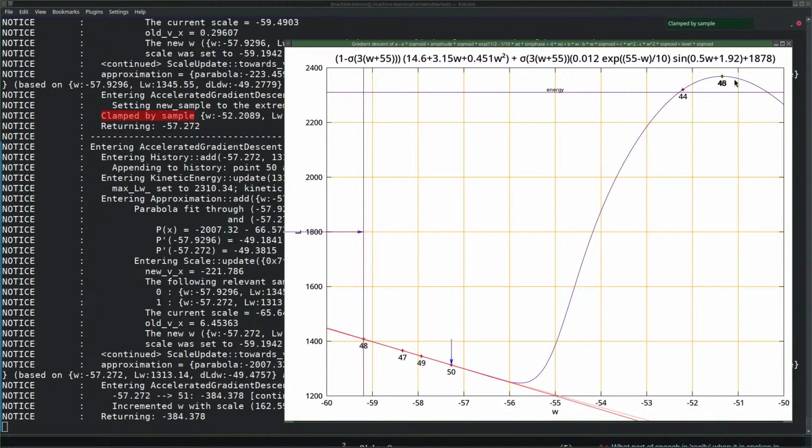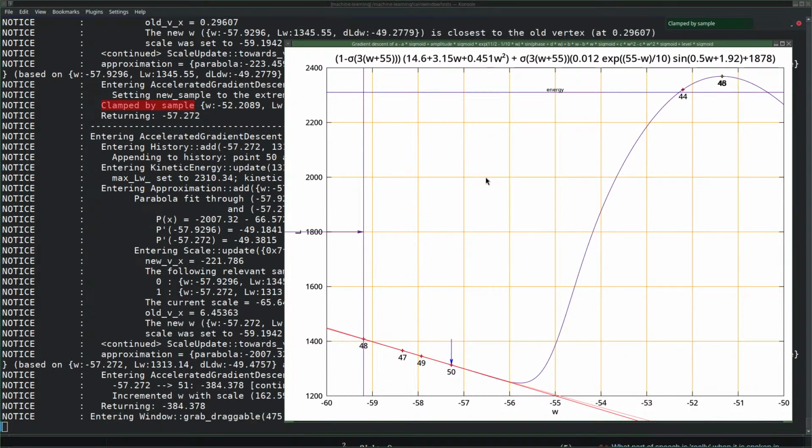Let's start at minus 51. This is the interesting part at the moment.